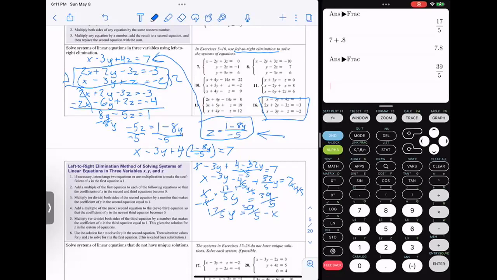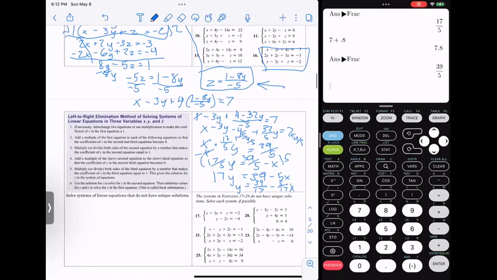Multiplying by 5 on both sides, 17y equals 39 minus 5x. Divide by 17, y is equal to 39/17 minus 5/17 x. We're almost there, I promise. And this is going to be a little bit more gross algebra, but like I said, the equations you'll probably have on your exam won't be this bad.